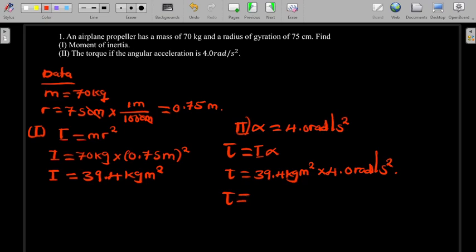So torque becomes 39.4 times 4. I'm getting 157.6. Then the units for torque, we use Newton meter. So these are the units that we use.